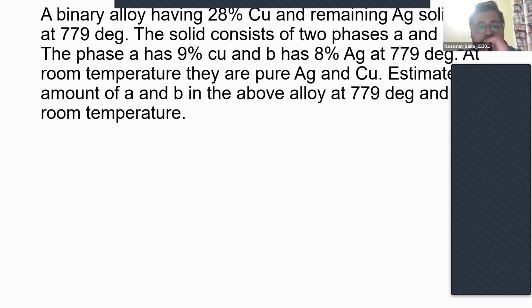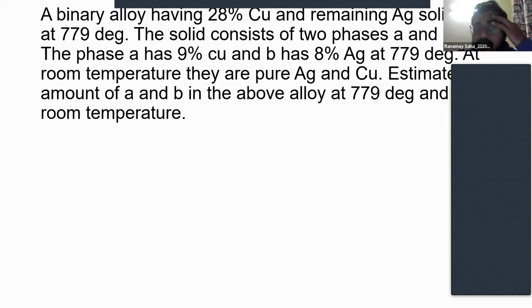Now you have to find out what the two phases will be. The particular alloy has two phases, A and B, both made up of copper and silver at a particular composition of each. You have to find out the amount of A and B at 779 degree temperature.